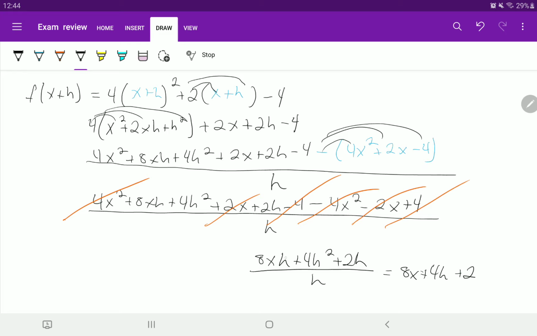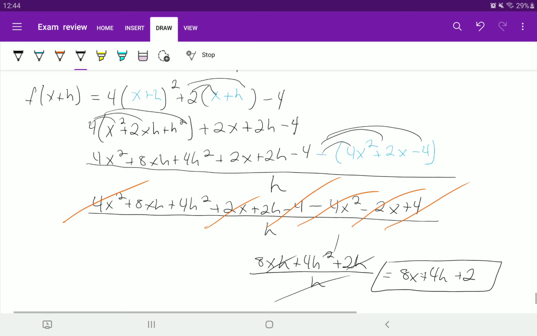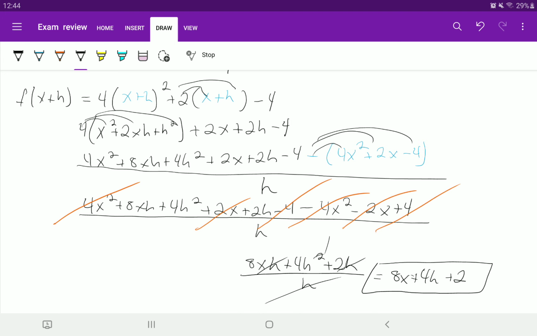Because I divided each term by h, that simplifies out. And that is my answer. A little bit different, but two different ways to find the difference quotient for two different functions. That one was a supplementary, additional problem. All right, guys, I'll see you soon.